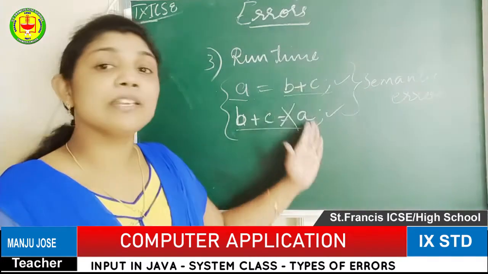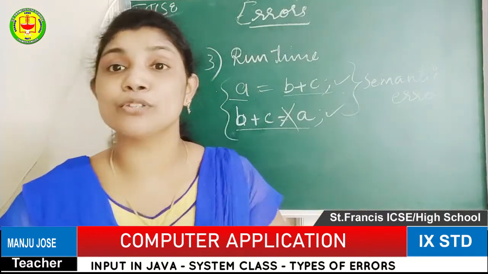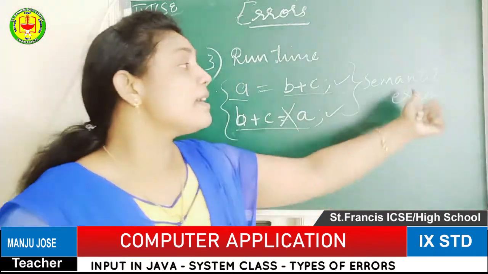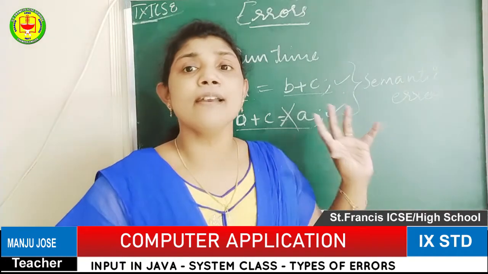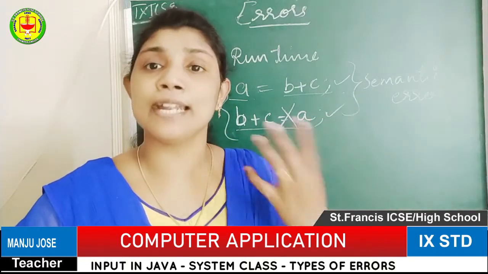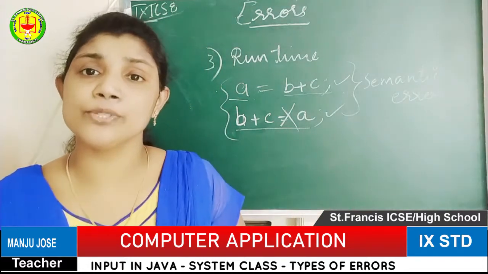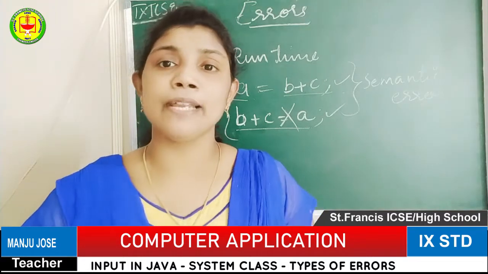So this expression error is called a semantic error. The improper use of the expression is called a semantic error. These are all detected by the runtime process while running the program. So these are the different types of errors we encounter while doing Java programming.